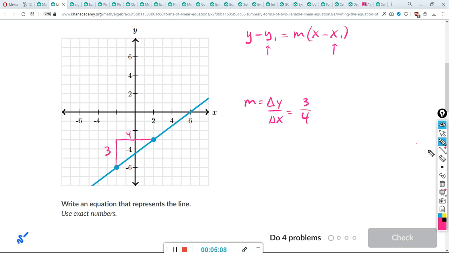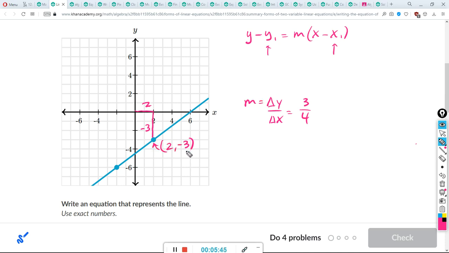And the only thing we have to do now is just obtain the coordinates for one point. So I'm going to take this point here. The x coordinate is 2. And for the y coordinate, 1, 2, 3. I went down 3, so it's going to be a -3. So that's this point right here.